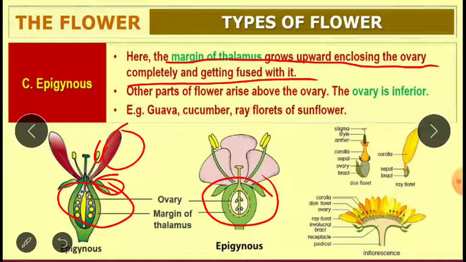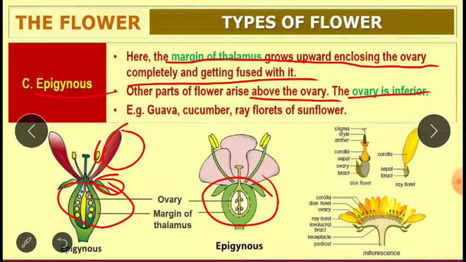So wherever the ovary is below in the thalamus and all the other parts of the flower are arising above the ovary, it is called an inferior ovary. And this type of flower is called an epigynous flower.